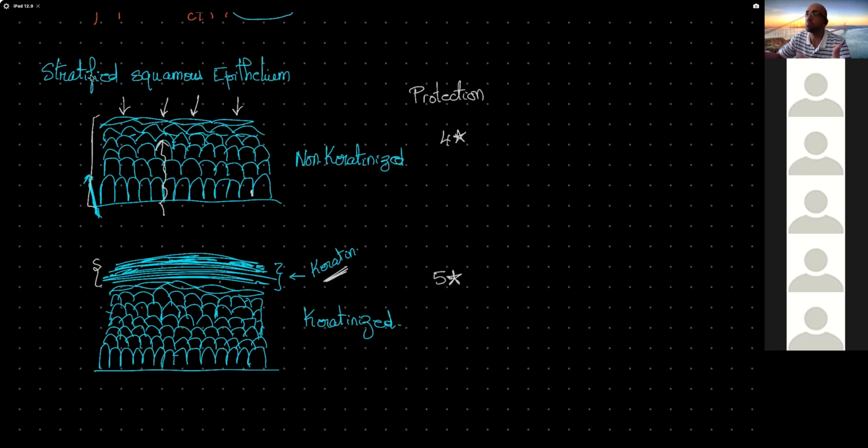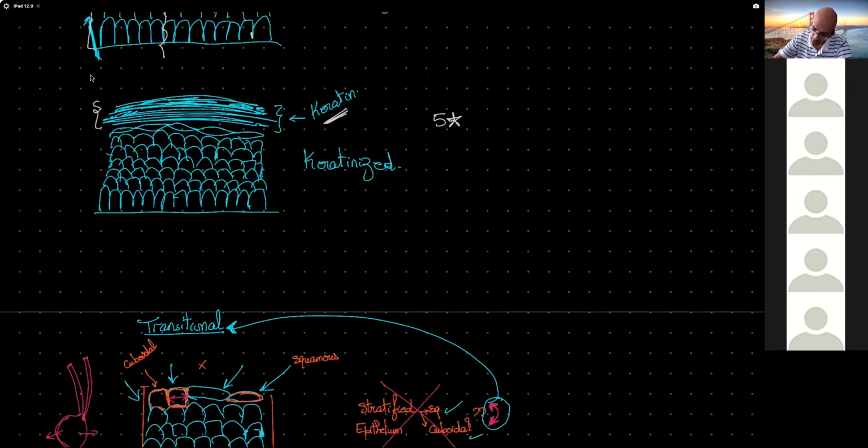So where do I need maximum possible protection in my body? The parts which are exposed to the outside. So what are the parts that are exposed to the outside? This is going to be my epidermis, the outermost layer of my skin.